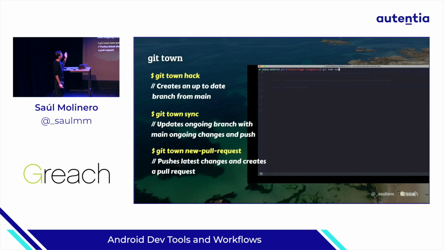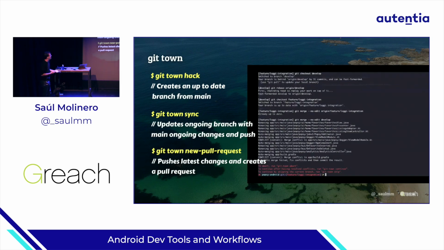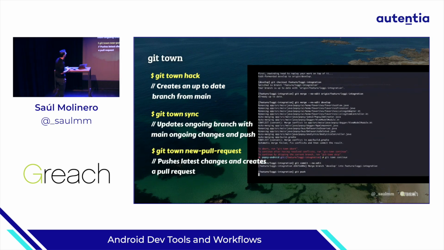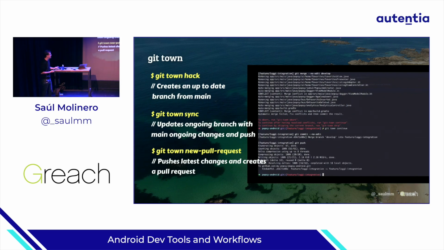And another interesting tool that I use is Git Town, which allows you to automate some minor things when using Git Flow, or this Git Flow. For example, if I'm in a feature and someone has merged something before on develop, if I do git town sync, it will go to develop, fetch, pull, then merge develop with my branch, and then submit my branch.